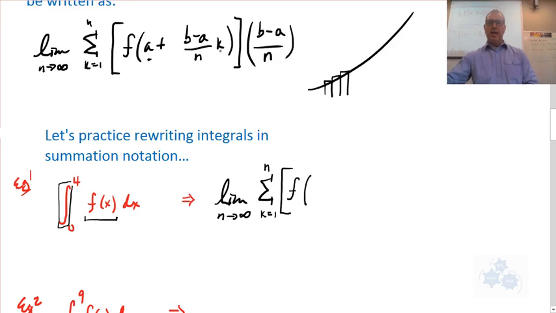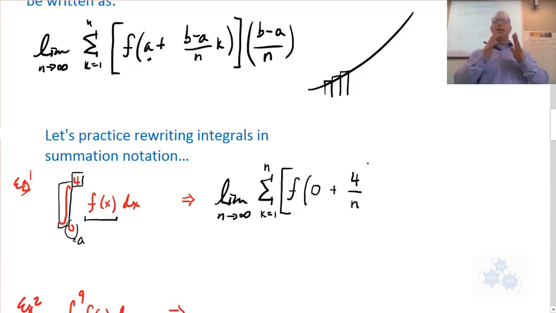n times k. So what's a? A is 0. There's a right here. See? That's a. So we put a, that's 0, plus, what's b minus a? Well, 4 minus 0 is 4 over n.